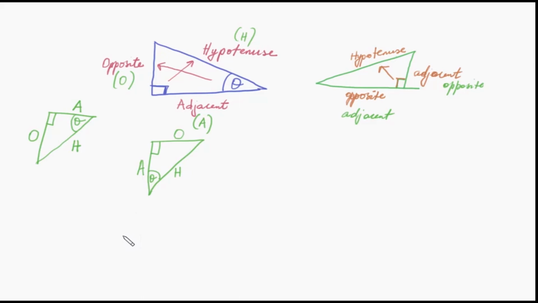Now let's continue. I want to show you something. After having understood the three sides and how to distinguish them, where are we heading? We are heading to their relationship now. How do these sides relate? There is a relationship.